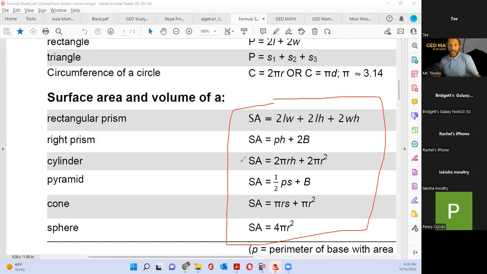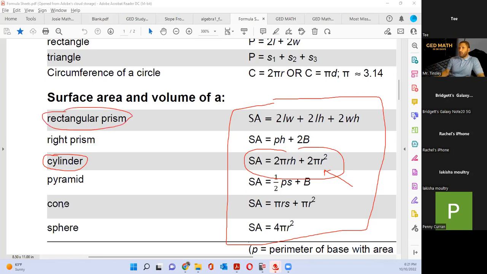If they ask you for the surface area of a cylinder, once you get that formula, we know what pi is, you know how to identify the radius, you know how to identify the height, and you just plug it into that formula. So when you're reading the question, if they ask for surface area, go get that formula from the formula sheet, identify your givens, your radius, your height, and plug it in. Usually for surface area, they give you a cylinder, rectangular prism, or sphere.